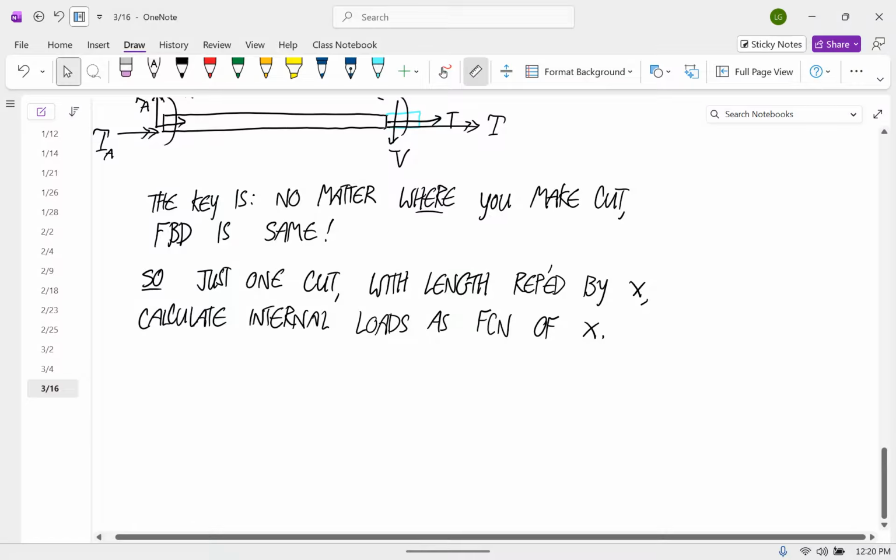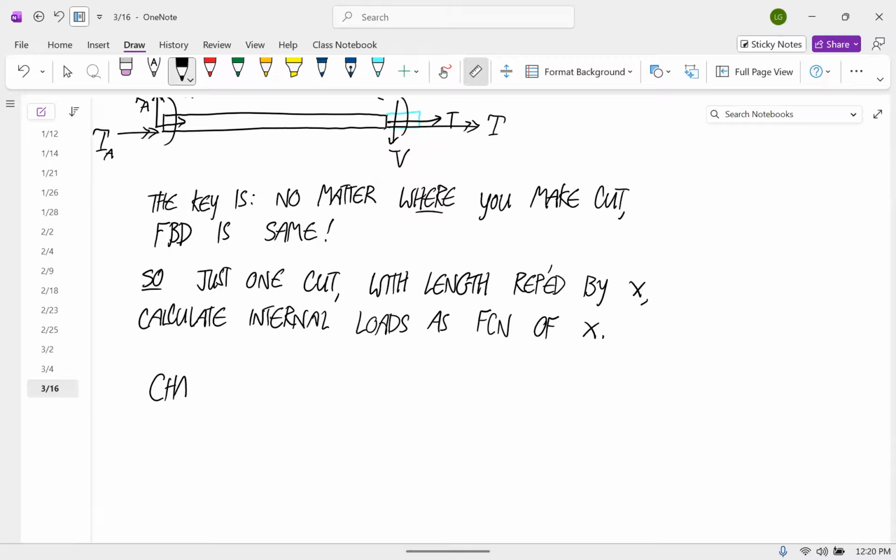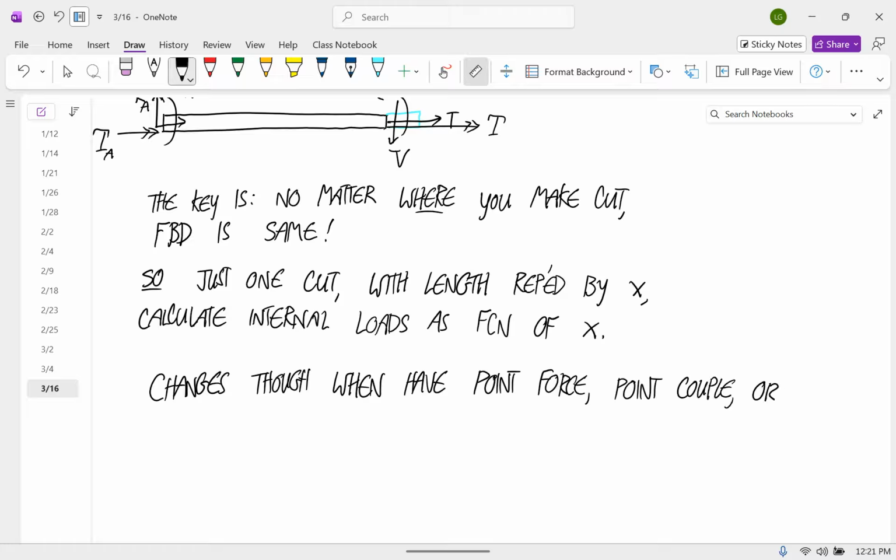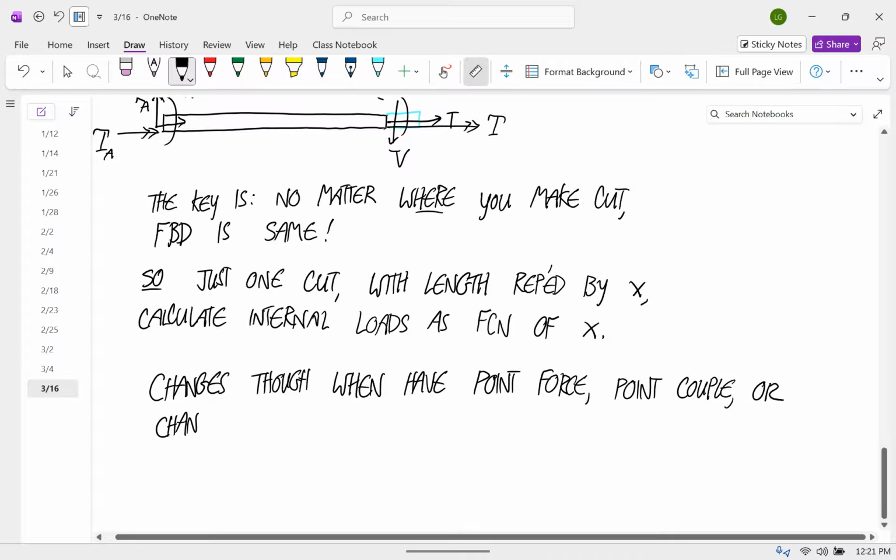The strategy changes, though, when you have a point force, a point couple, or a change in the distributed load function that's between the two endpoints.